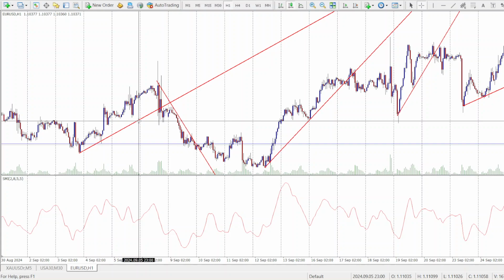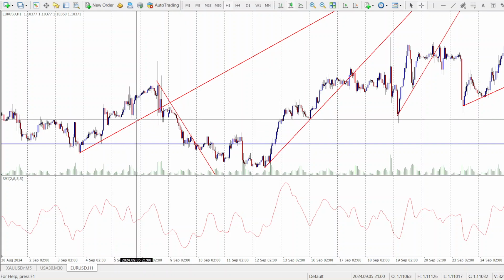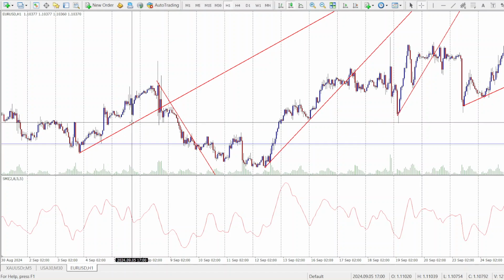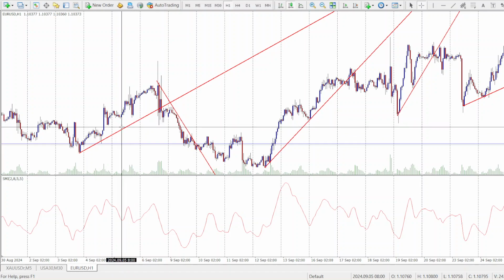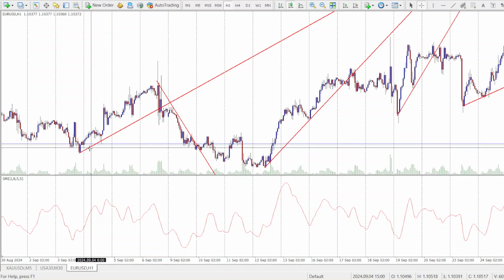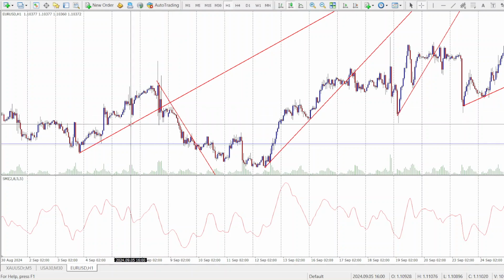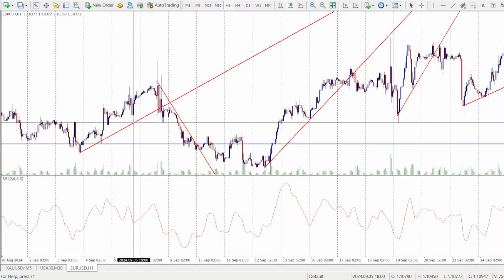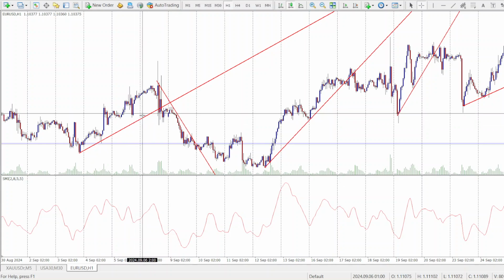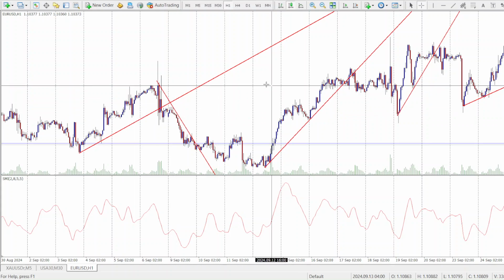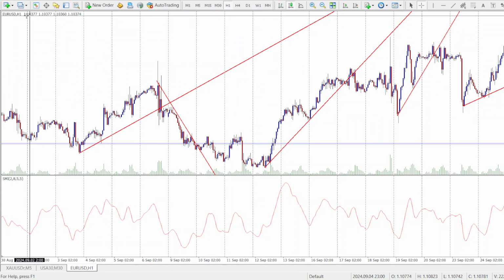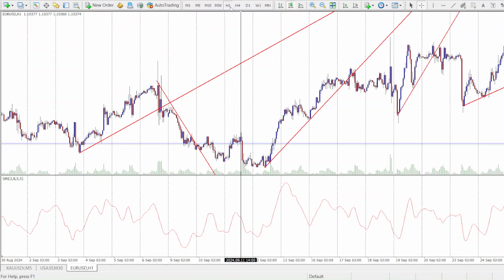That is the reason why they are usually called zones, because price might not get to a particular point before it reverses. So although we used 2 points to draw this trend line, price might not get to the trend line exactly at a particular point before it reverses. So long as the price of an asset is already close to the trend line, in this particular analysis we are using the Euro USD, and this is the 1 hour time frame.